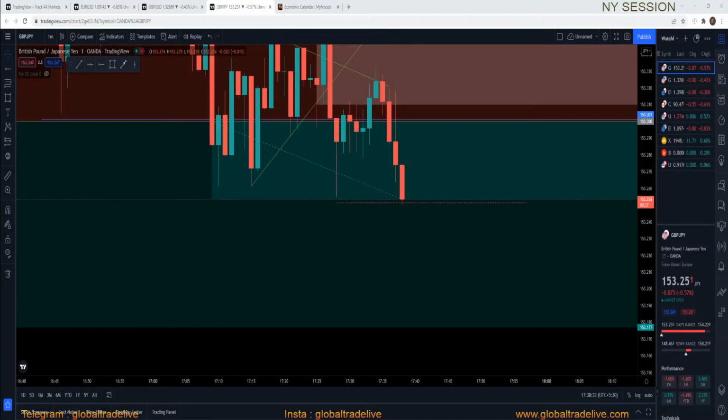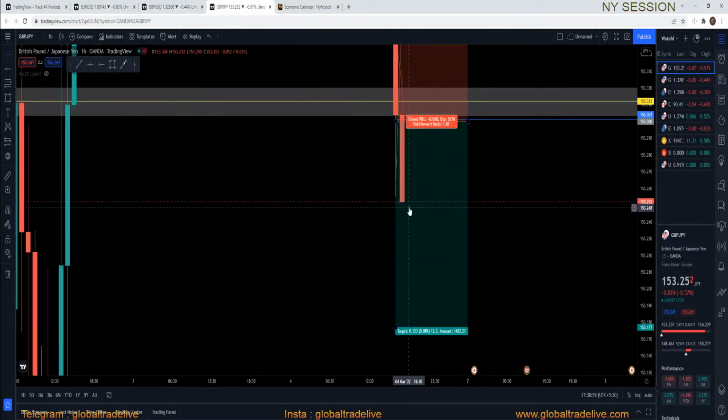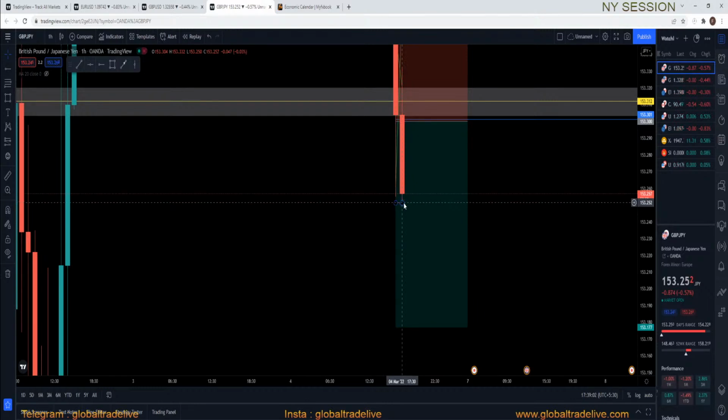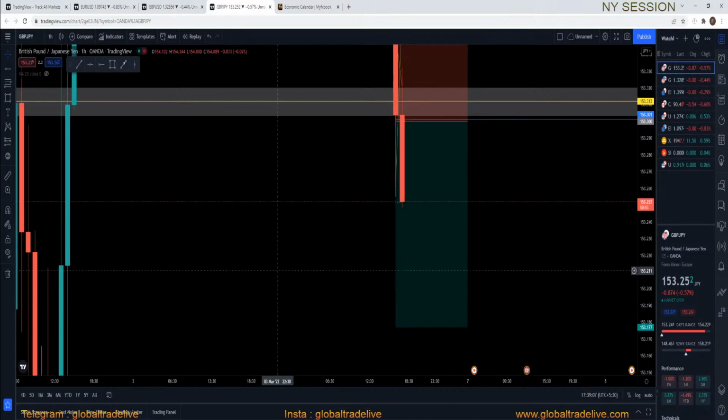So this is my new position over here. Let's see how it goes. Because I really think it will be going down with volume now. Because now the 1 hour candle has already broken the low of the previous one. Now with volume, it should definitely go all the way down, and at least give me 10 pips.